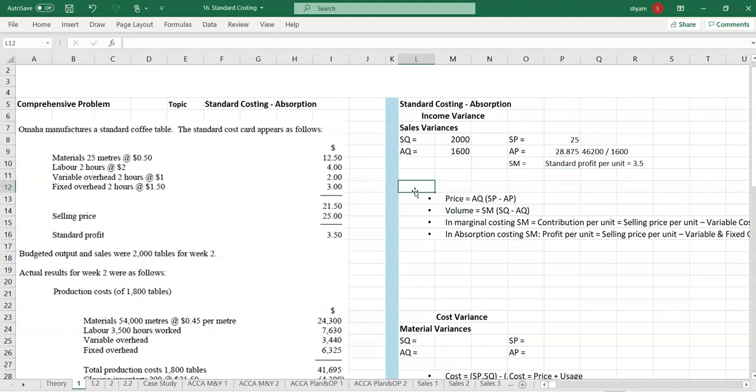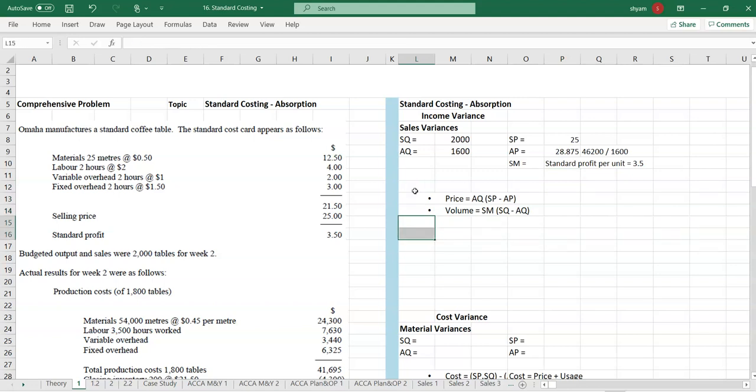So now we have to work out the ratios. The ratios are, so we already have it here, so we can work out directly here. We need AQ, which is 1600 into SP minus AP. So SP is 25 and AP is 28.875.